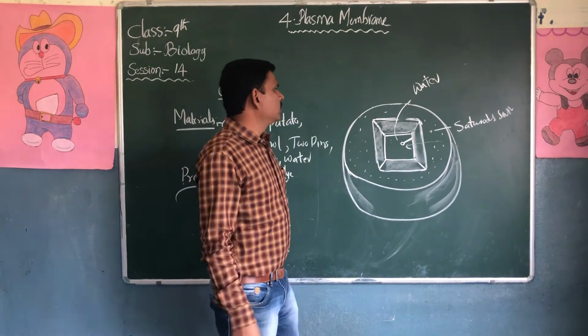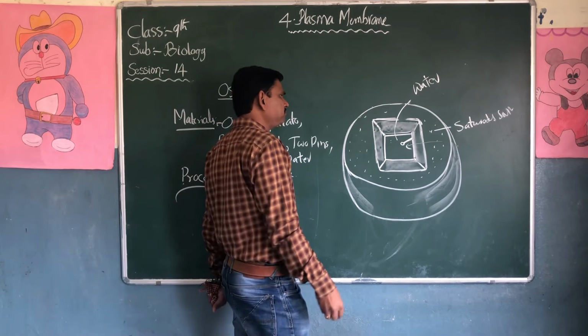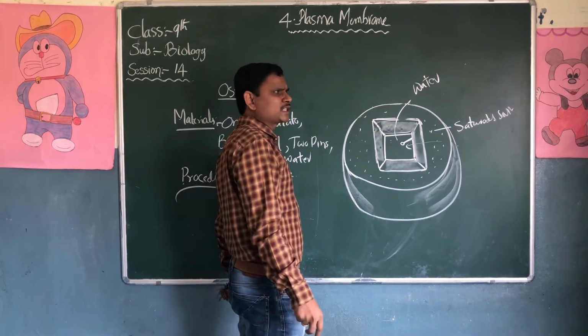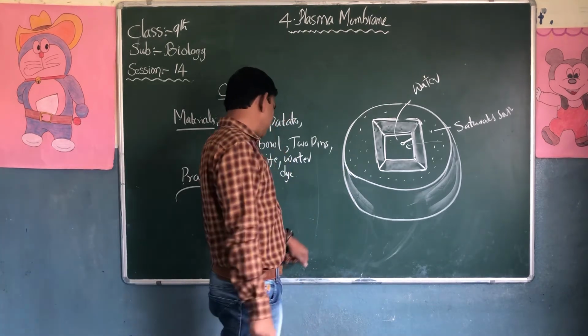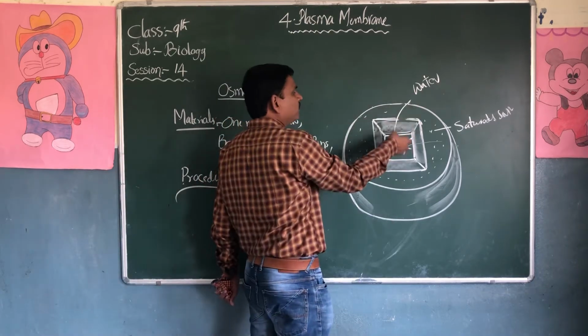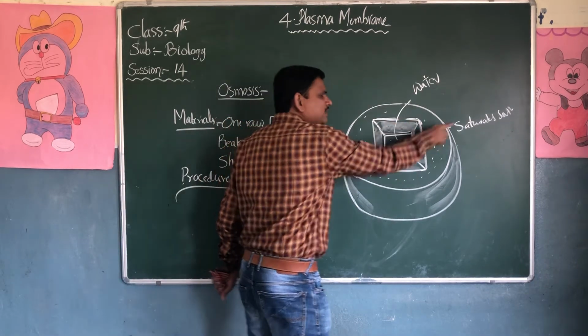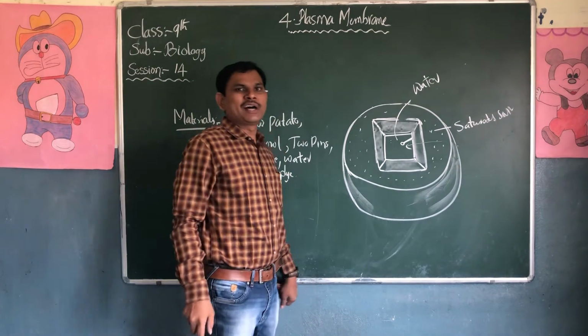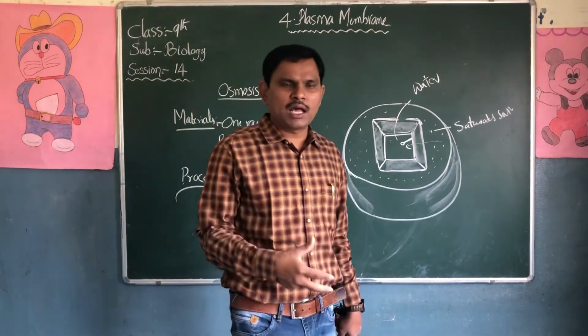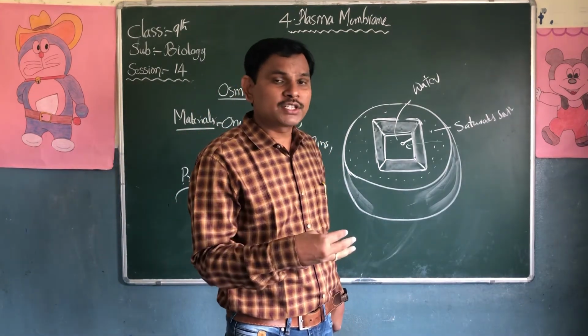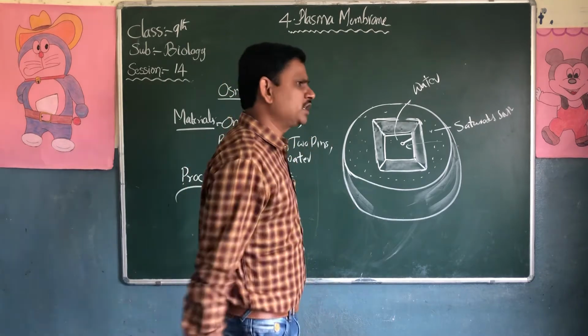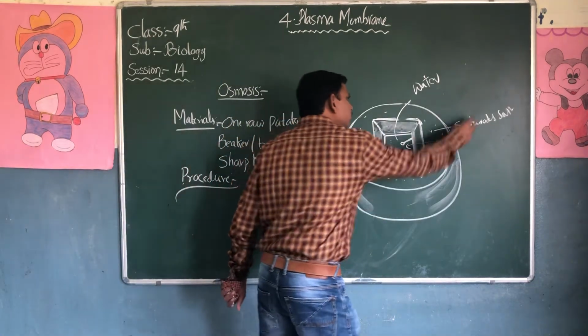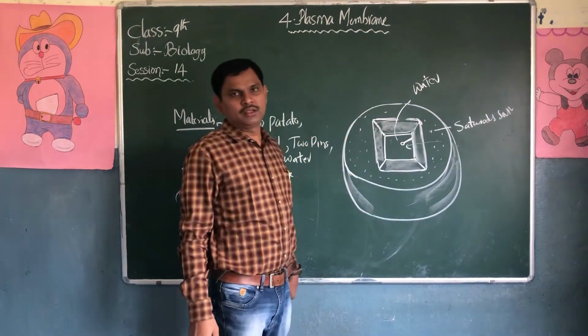So what happens? After observing this experiment, the water molecules move from the potato into the saturated solution. By the osmosis process, water always moves from low concentration to high concentration. The water always moves toward the saturated solution.